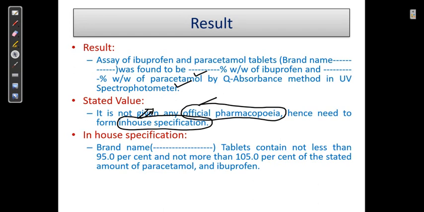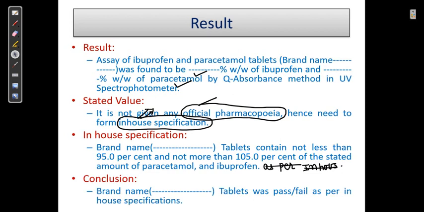We can write that as per in-house specification. We will see this in the conclusion: the brand name tablet passed or failed as per in-house specification. This is the conclusion we got.